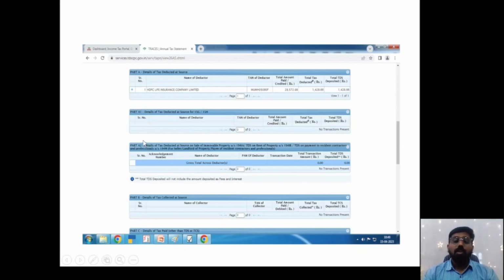Then Form 26AS has a part which pertains to tax deduction at source when you sell an immovable property. For this, I'll give a simple example. An assessee has sold a residential property whose registration value is more than 50 lakhs.